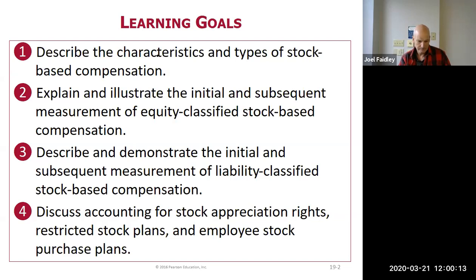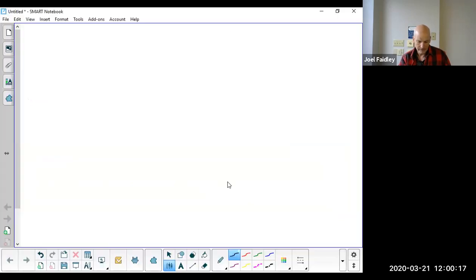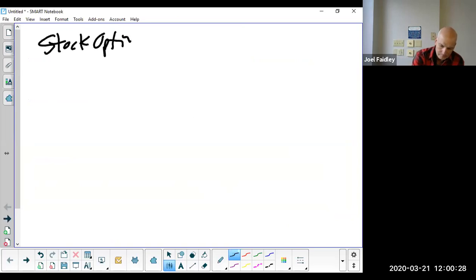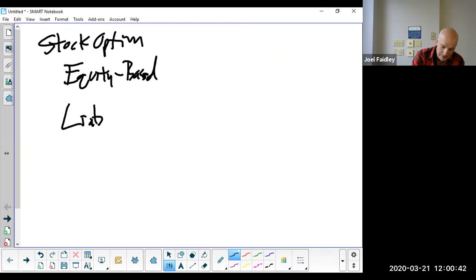Find my smart notebook. There it is. We're looking at a big part of this chapter on stock options. And a lot of this can be classified either as equity-based options, and then also what's called liability-based options.